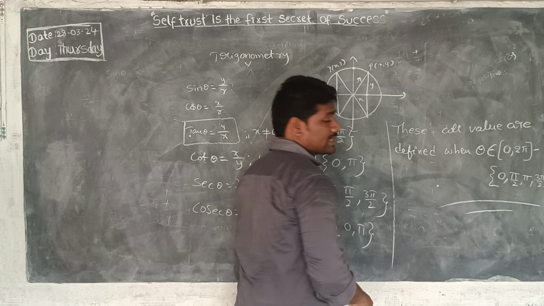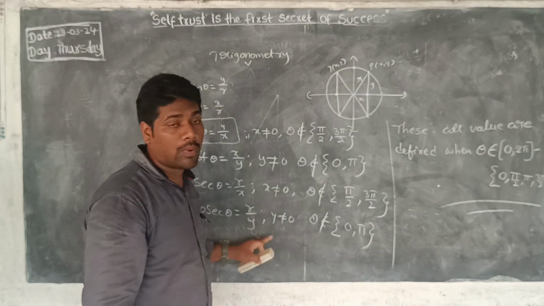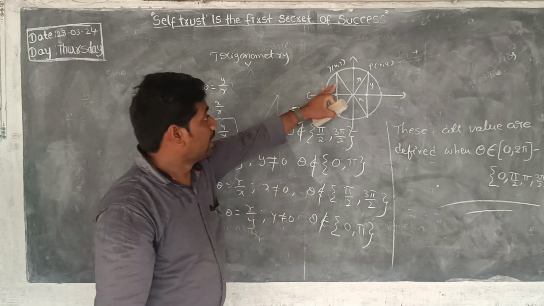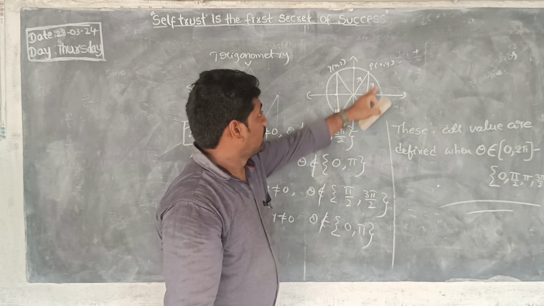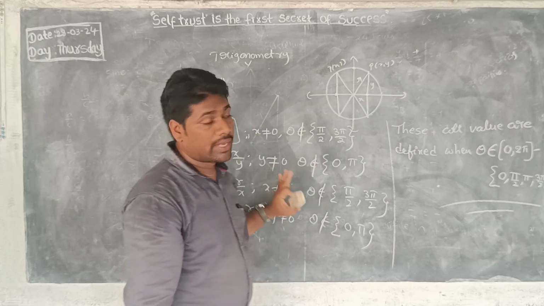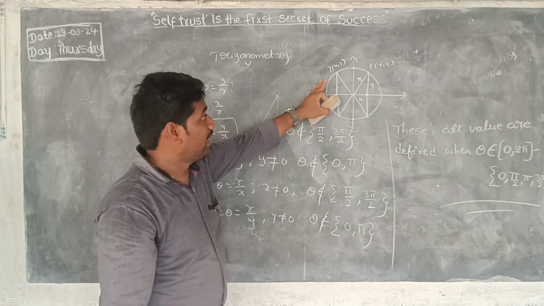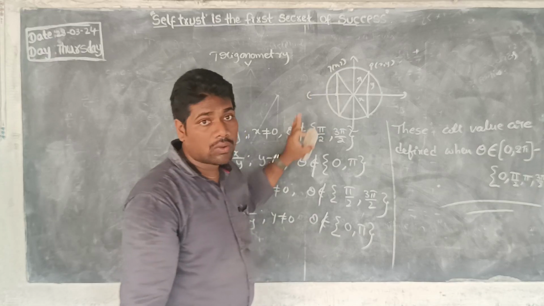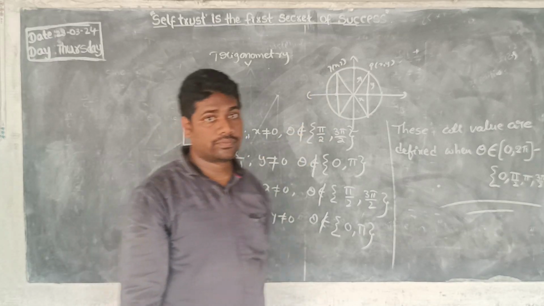In the remaining cases all the values are possible in this circle, when we take the circle in the rectangular coordinate system. Thank you everyone.